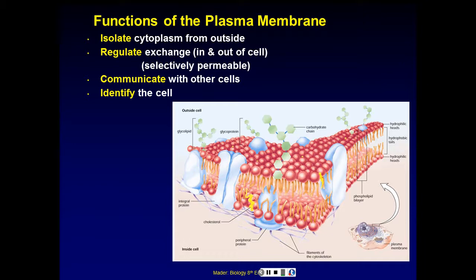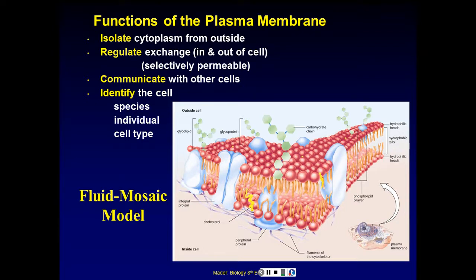It has to not only be identified as the species of which the cell belongs to. For instance, your cells are identified as Homo sapiens. So there are identifying levels of species. Also, the cell has to know who you are. Each person is individual, so there has to be some identifying mechanism to tell the cell that it belongs to you. And not only that, but what type of cell is it?